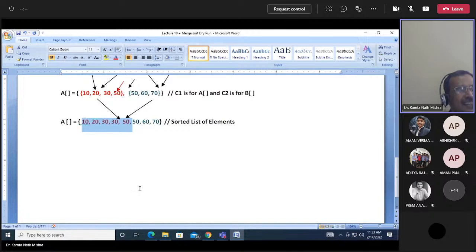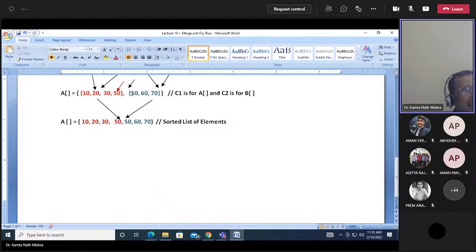It means that after storing, in array C you have stored C0 10, C1 20, C2 30, and C3 50.